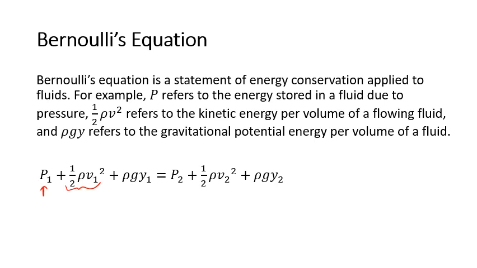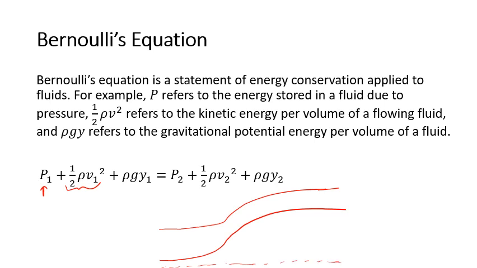So you can think of a picture like this. Let's say we have a water tube like this, and the water moves like this. Let's say this is the ground level, or the potential energy zero level, and at this point the height is y1, and over here the height is y2.